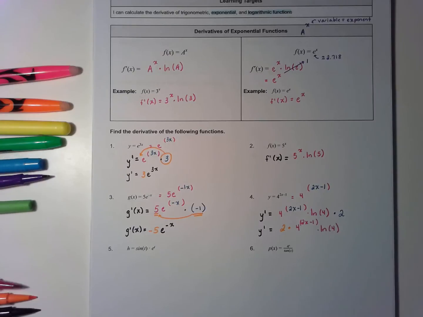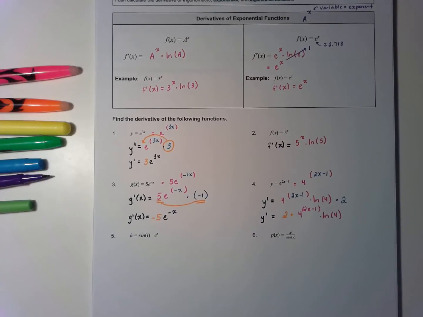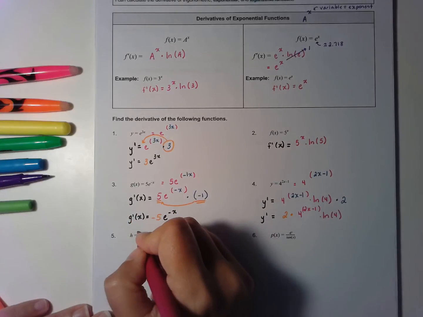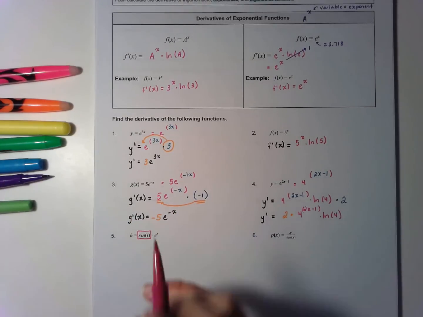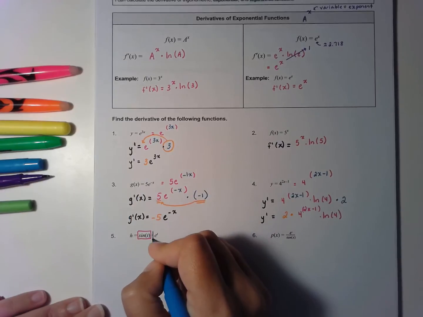Next, we're going to look at some problems where we use a combination of these exponential functions as well as some trigonometric functions and product rule and quotient rules. So for problem number 5, we're going to use product rule. The two different functions here are sine and e.